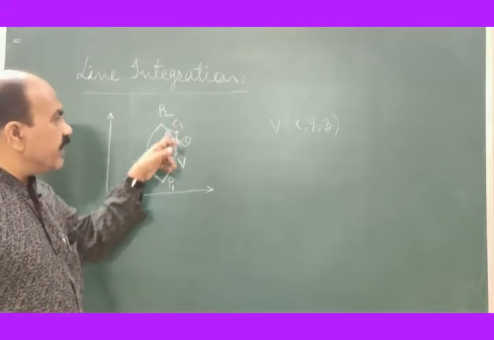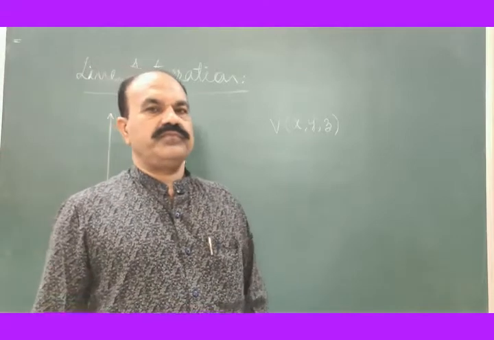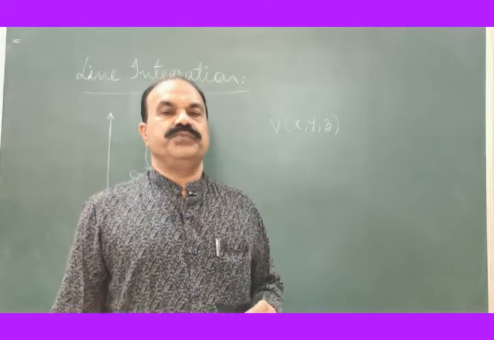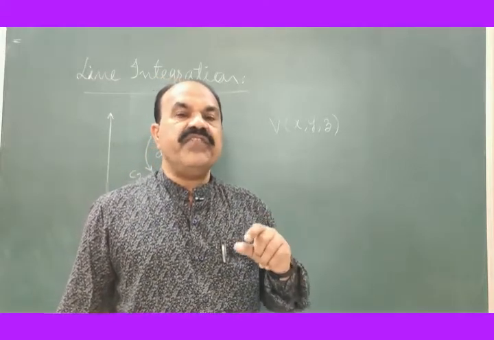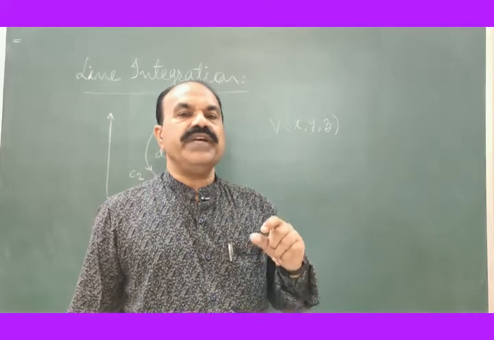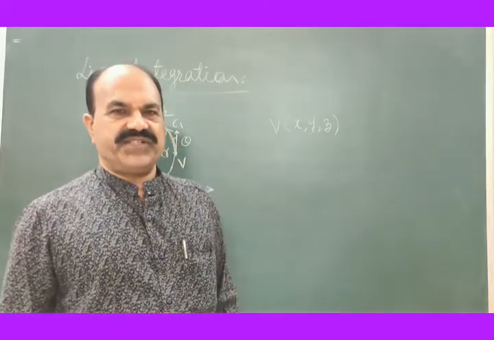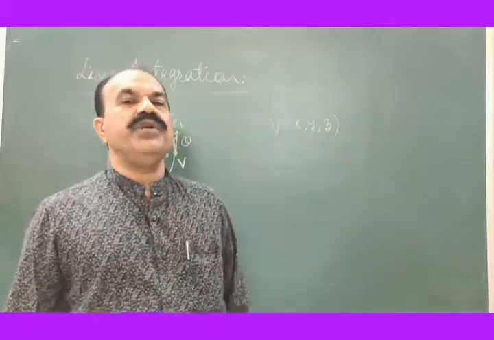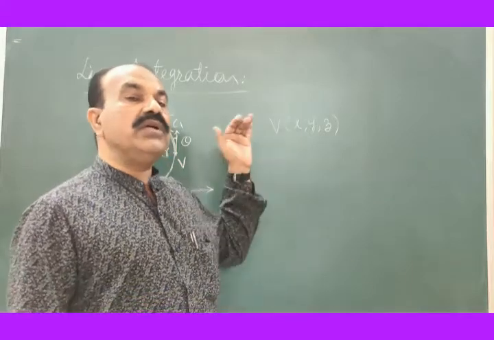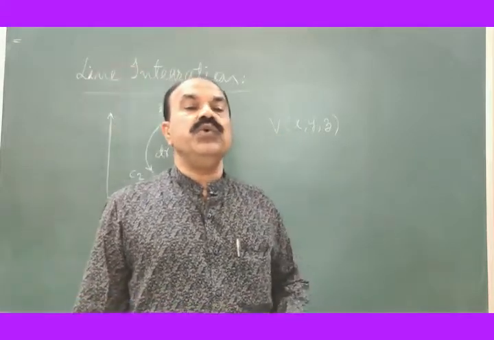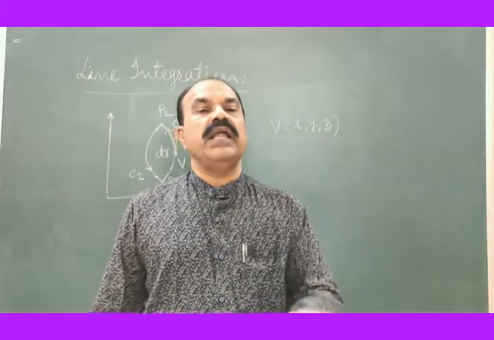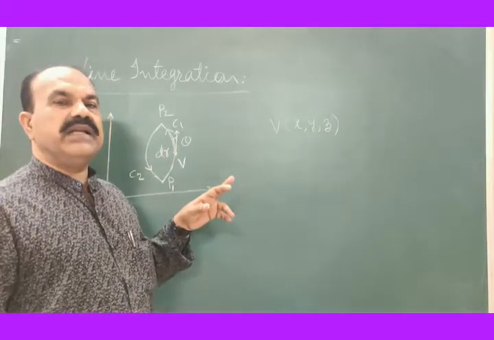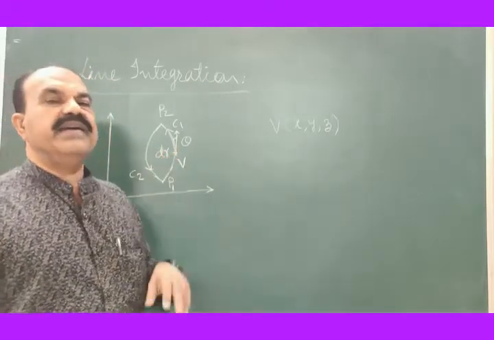This curve C1, the path from P1 to P2, is divided into very small line segments, that is, infinitesimal line elements. A single infinitesimal line element may be given by dr.